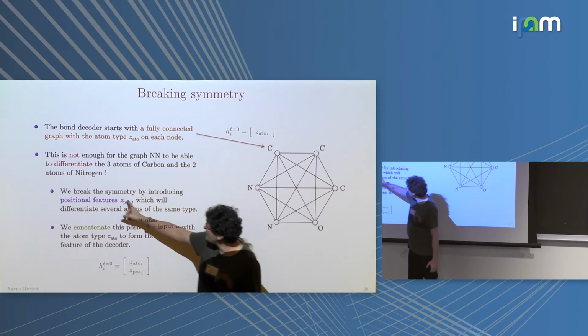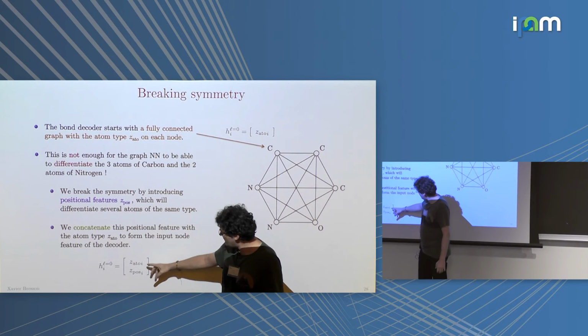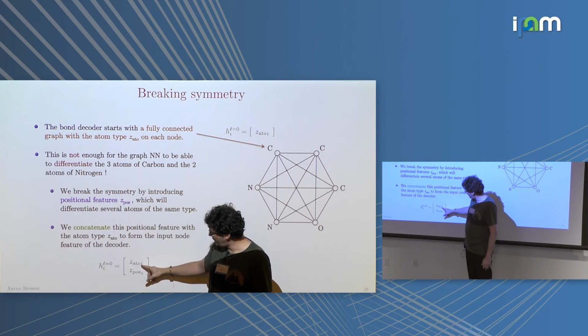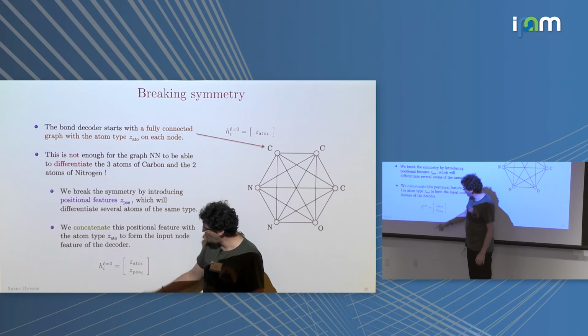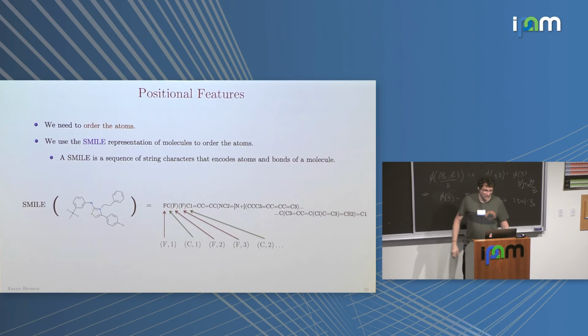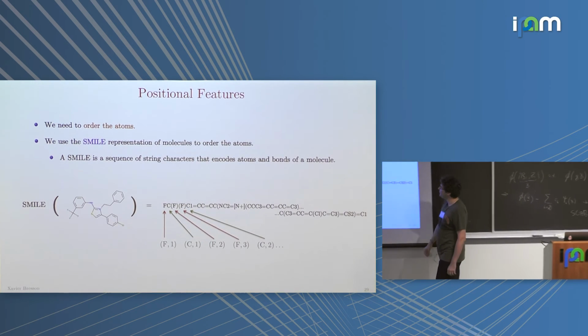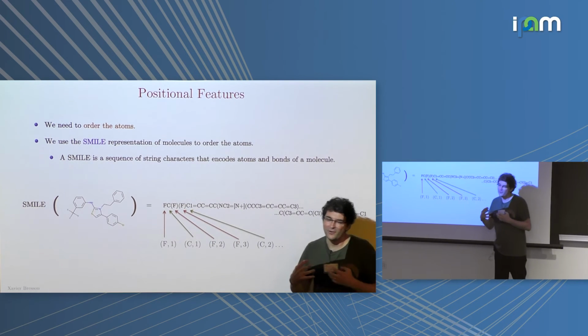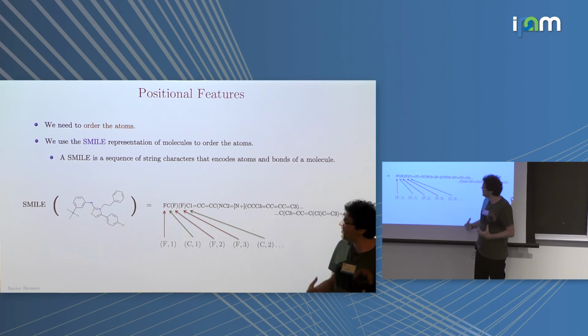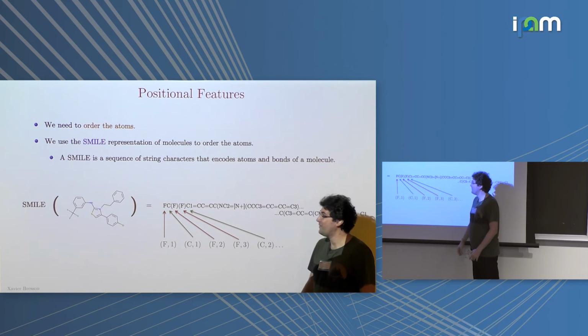So for this, we are going to introduce positional features. The input is going to be the type of atom, and then we're going to have a positional feature. So how do we get the positional feature? Basically it's a sense of what is the order of the atom inside the molecule. It's a very hard problem. We don't have a nice solution.